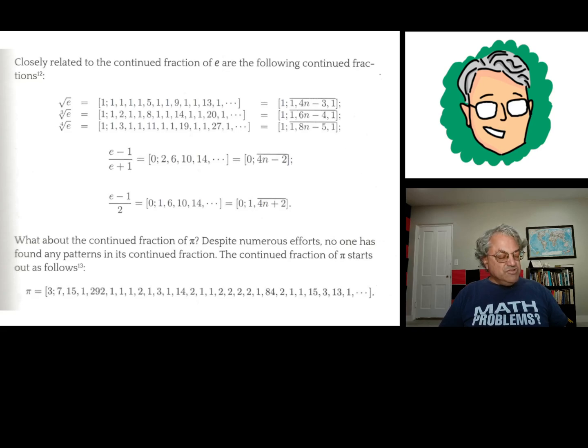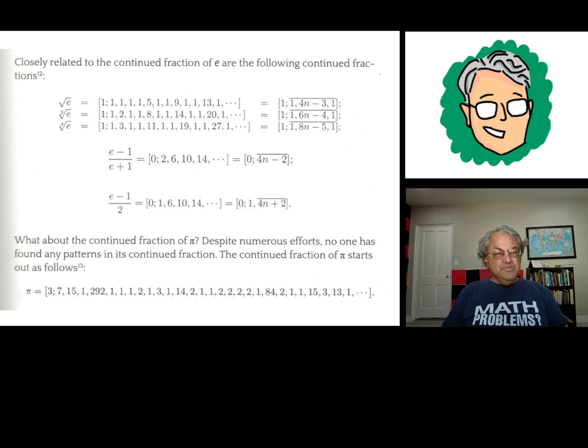And (e minus 1) over 2 looks almost just like this. This one is 0 semicolon 1, 6, 10, 14, and so on. Notice that every coefficient is the same as for (e minus 1) over (e plus 1) except for the second one, a sub 1 if you like, which is equal to 1 instead of 2. So you can write this symbolically as 0 semicolon 1, 4n plus 2 with a line above it.